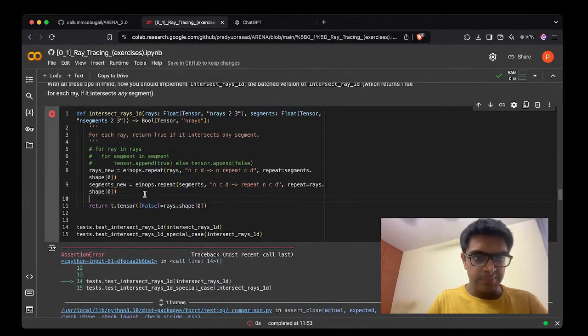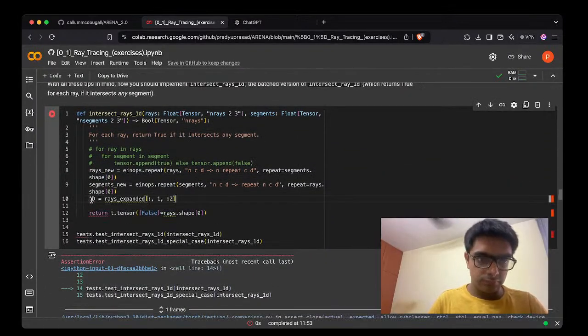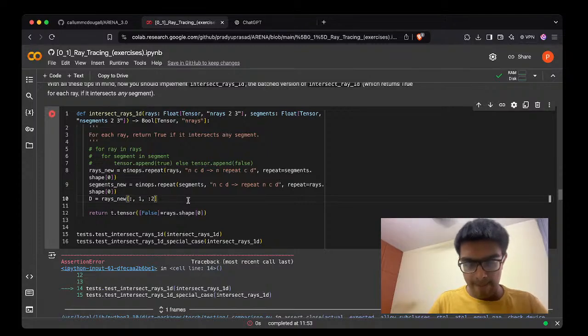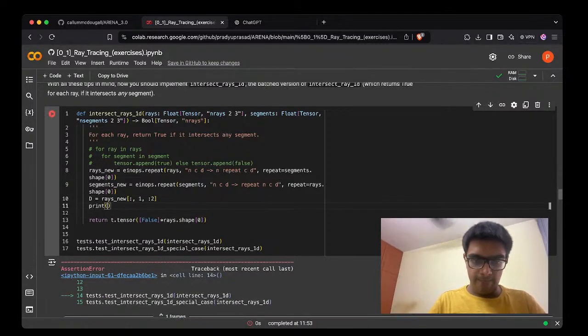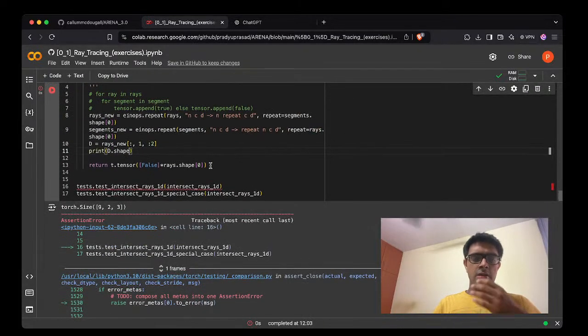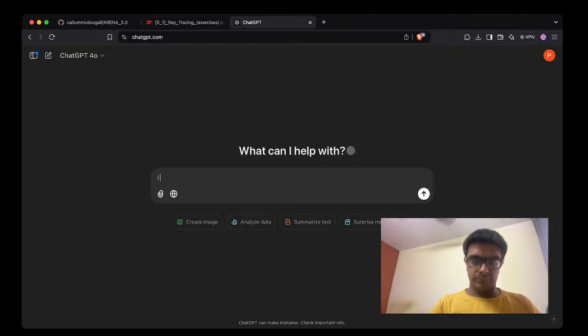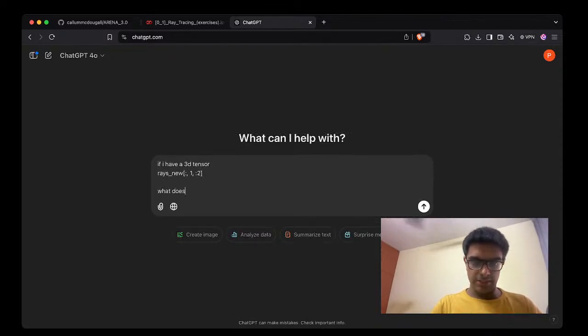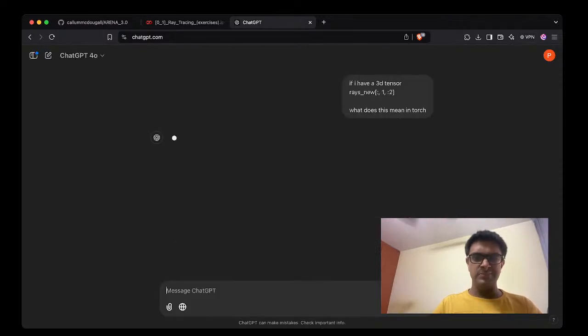What does this mean? If I have a 3D tensor, what does this mean in Torch?